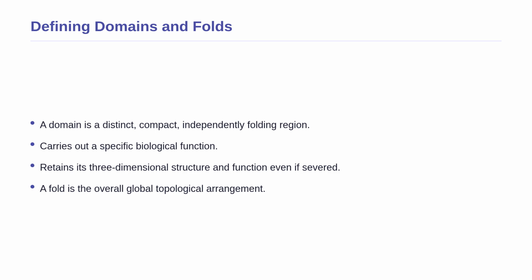This makes it a fundamental modular unit of protein evolution. Finally, a fold refers to the overall global three-dimensional topological arrangement of these motifs and secondary structures into a single, cohesive architectural design.